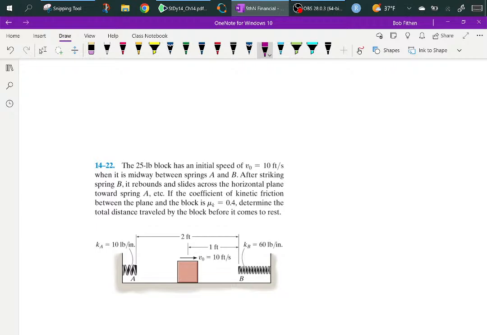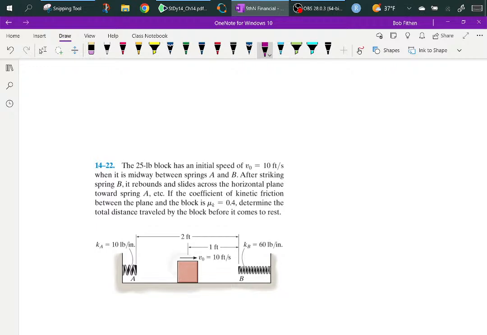When it is midway between the two, after striking the spring B, it rebounds and slides across the horizontal plane towards spring A. If the coefficient of kinetic friction between the plane is 0.1, determine the total distance traveled by the block before it comes to rest.